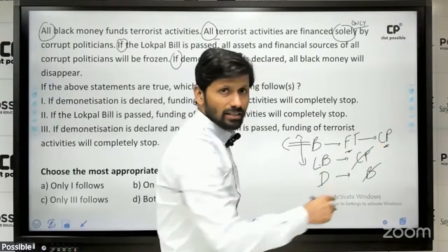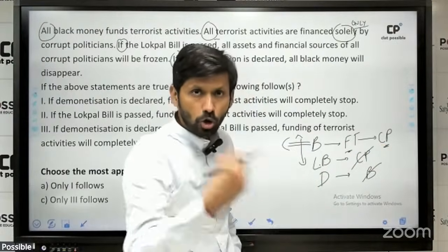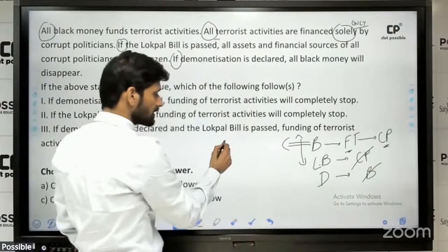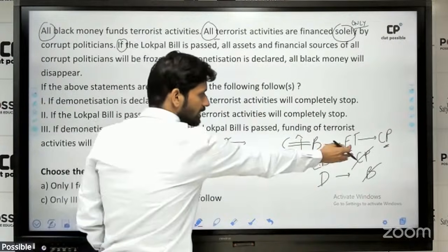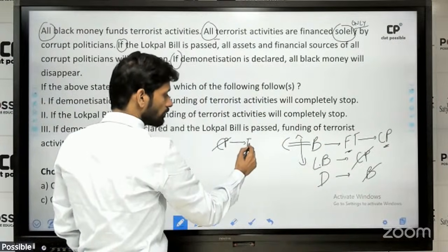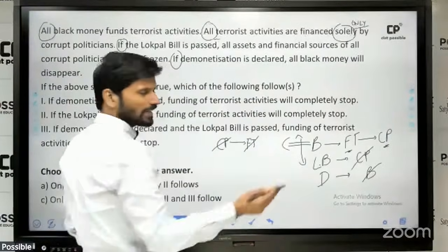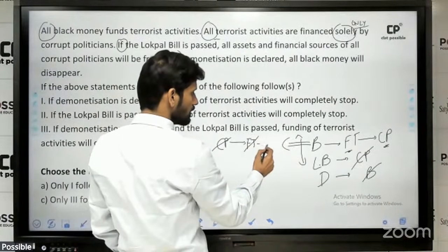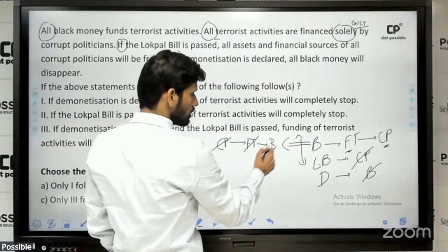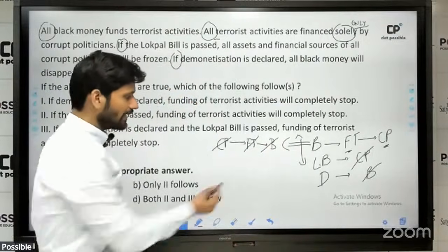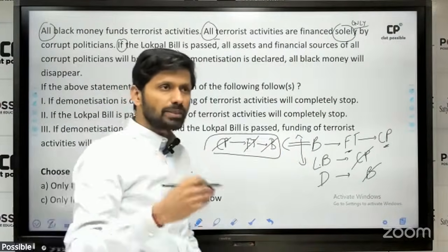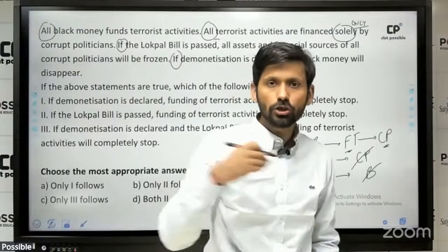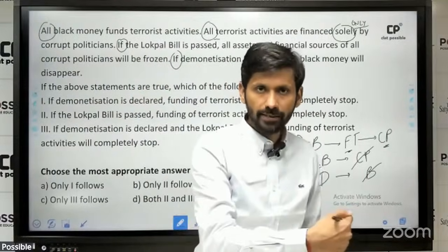So if I take the contrapositive of this, not B, not A, तो ये कुछ ऐसा आ जाएगा, not CP, and then not funding of terrorist activities, then no B, right? ये इस तरीके का contrapositive है. तो वैसा था A, B, C, contrapositive हो गया not C, not B, not A.